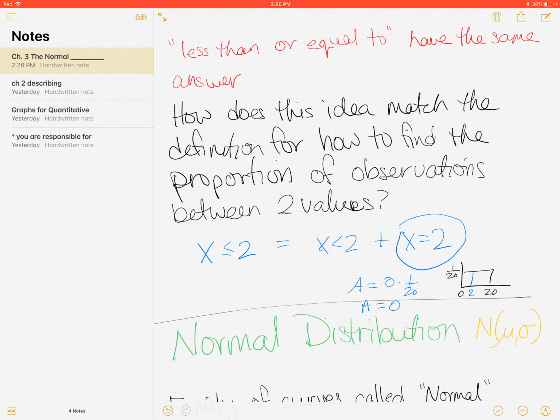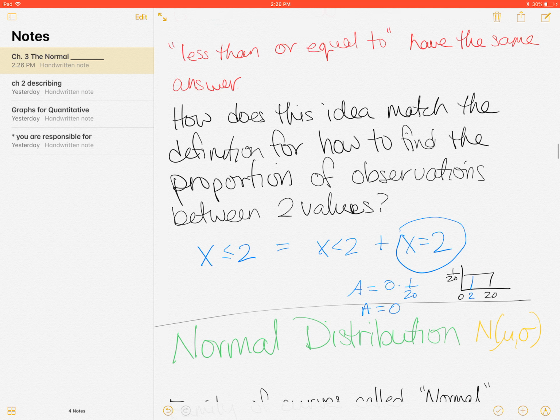Another way to think about that, if there are 6 different options and they're all equally likely, each one happens 1/6 of the time. If there's 1,000,000 different options and they're all equally likely, each one happens 1 out of 1,000,000 times.